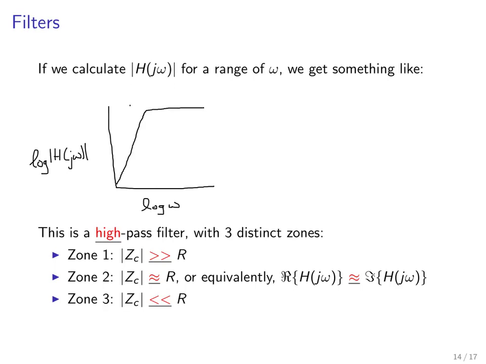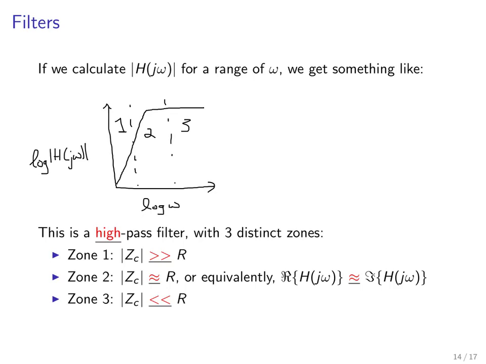So then we can define these three zones. We'll call this zone 1, the middle part, the transition, zone 2, and the flat part at the top zone 3.